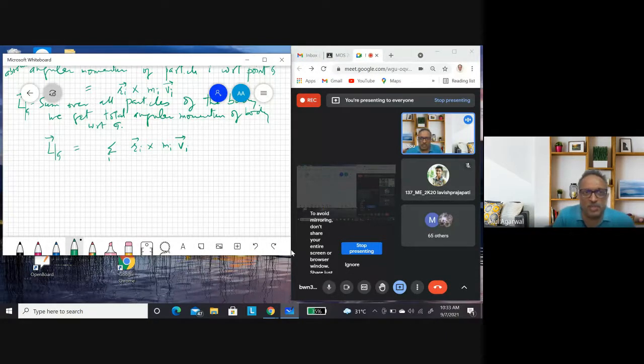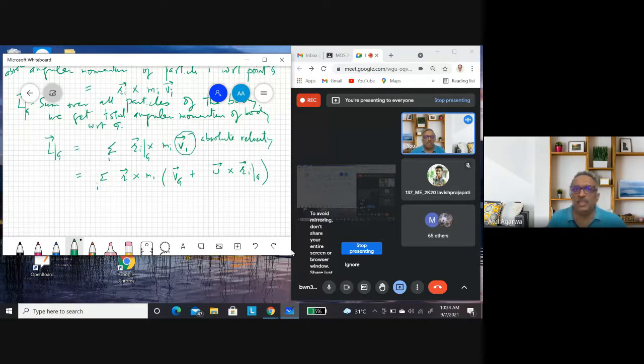So first we have to replace this velocity. This velocity is nothing but velocity of centroid plus omega cross Ri. This Ri is measured with respect to point G. So this is absolute velocity of the particle. Absolute velocity means measured with respect to the fixed coordinate system.